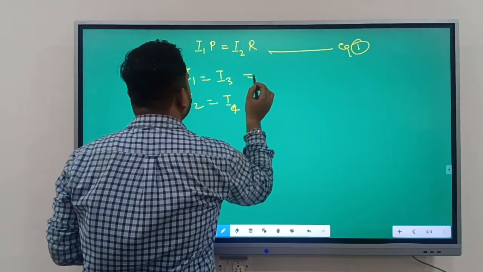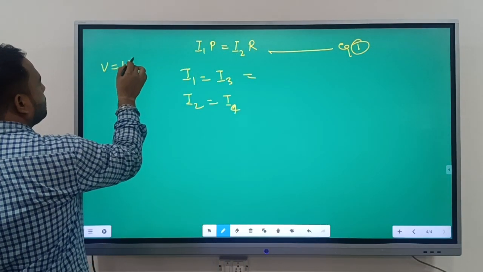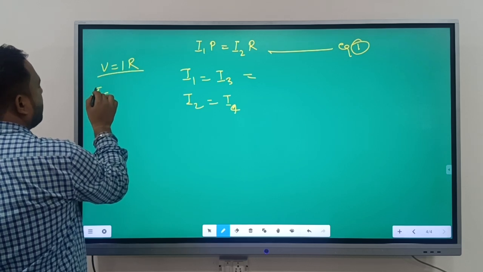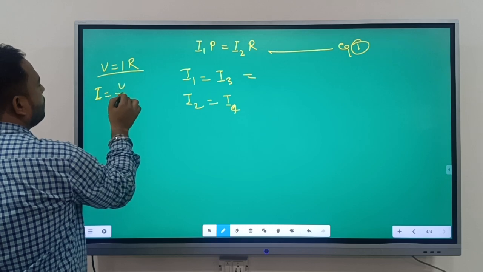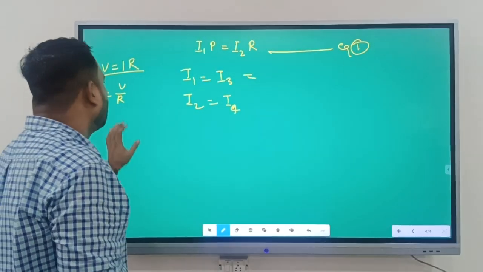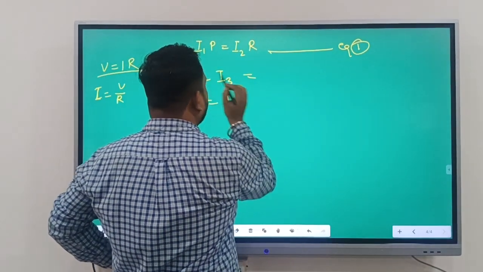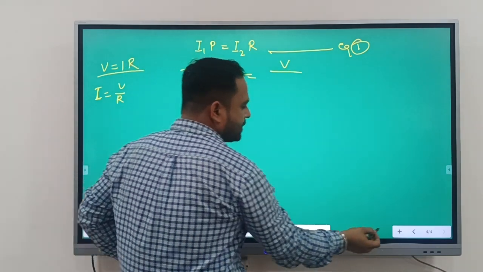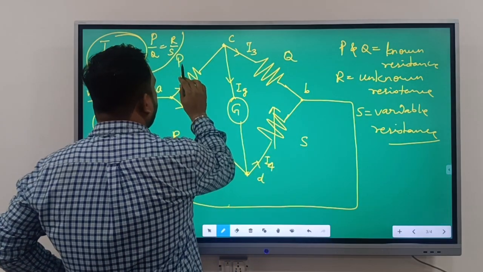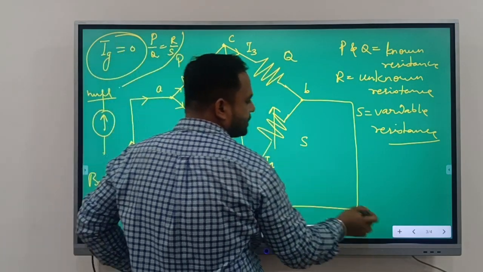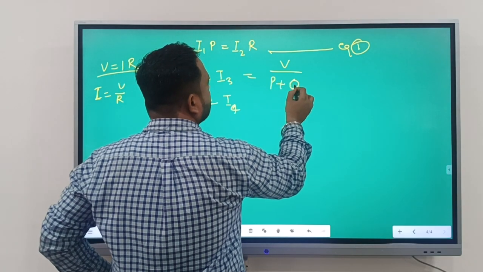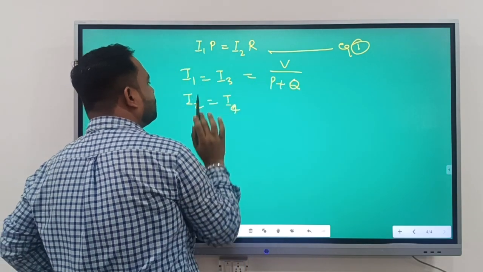Here you are all aware of this formula, right? How can you identify the value of current? I is equal to V by R. So I1, or I3, is equal to V over the resistance, which is P plus Q for both I1 and I3.